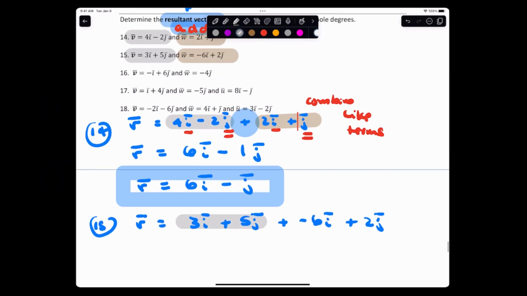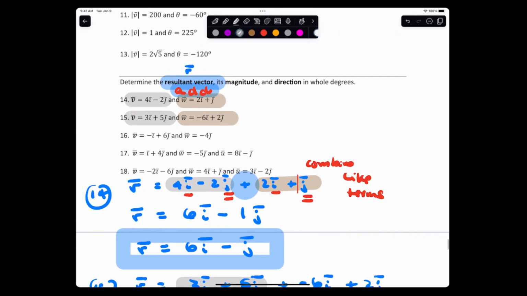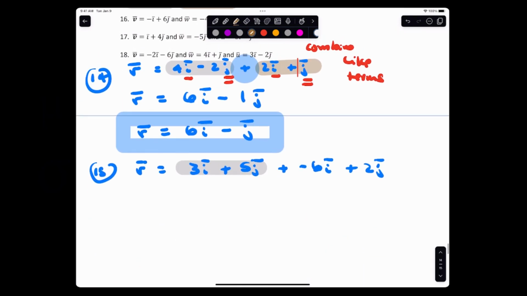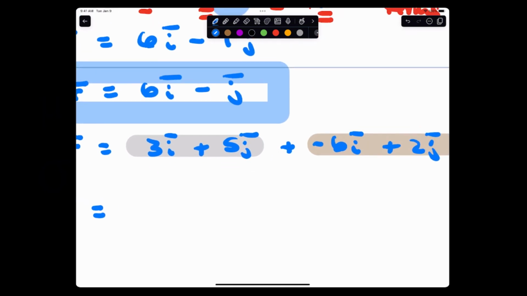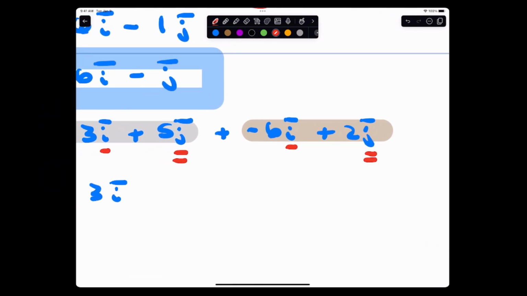It's not negative 3. Is there a negative there? Well, I see where you guys are going with that. You did the addition. So what do you guys get? Yes, combine like terms. Negative 3i minus 6i, you're right, will be negative 9i, and then 5j plus 2j gives you plus 7j.